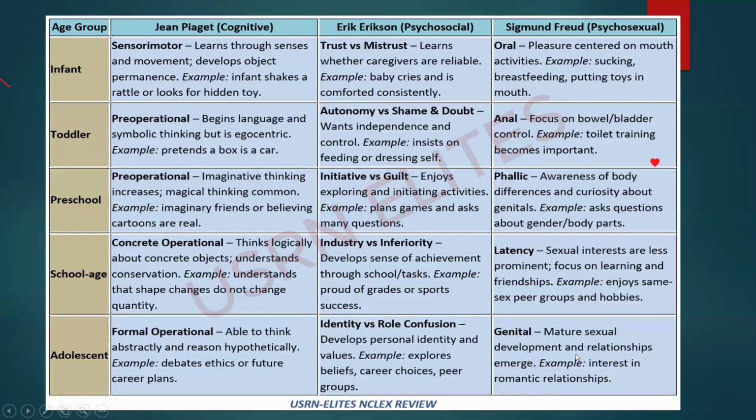And that's where you see sexual relationships emerging. Okay. So they begin to have interest in romantic relationships. And that is where most of them tend to become stubborn. For adolescents, let me say stubborn. Okay. Yeah. So that is it. All summed up and wrapped up on this table.